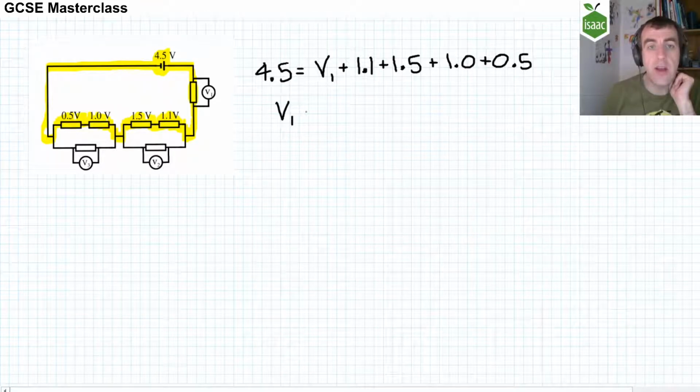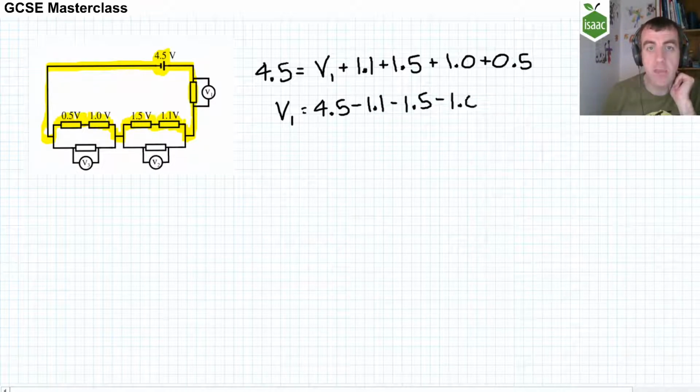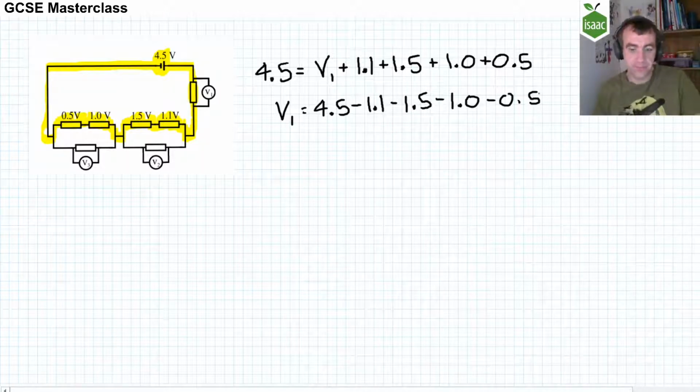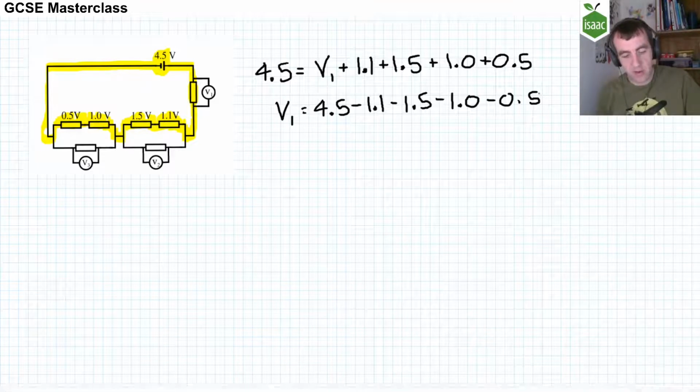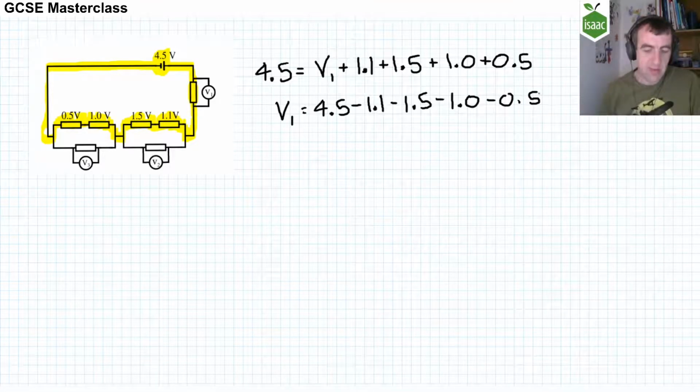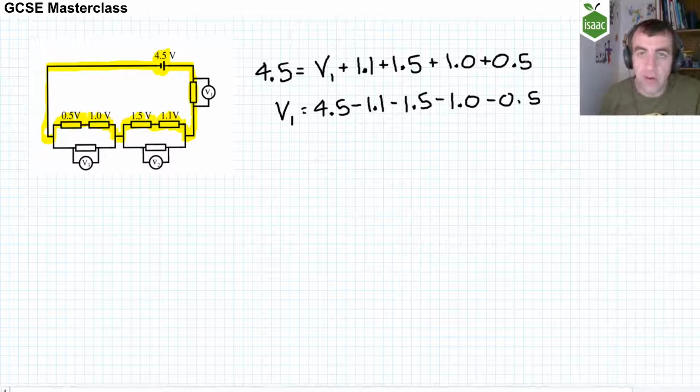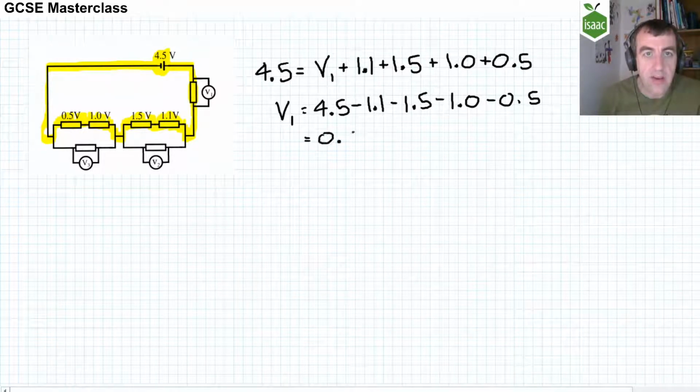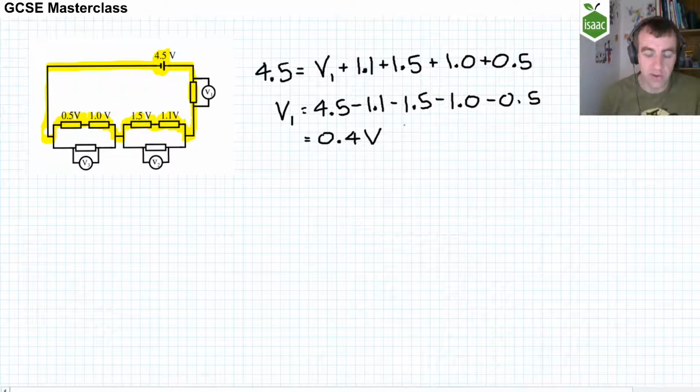So V1 is going to equal 4.5 minus 1.1 minus 1.5 minus 1.0 minus 0.5. I've already worked these out. That gives me 0.4 volts. I'll write that underneath: 0.4 volts.